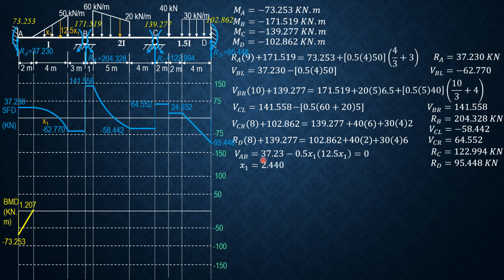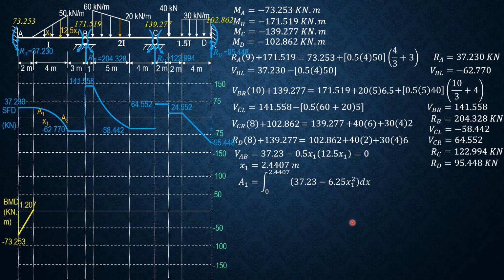Therefore, if I call this area 1 and this one area 2, area 1 would be the area under the shear curve. So it is the integral of the shear equation, 37.23 minus 6.25 x1 squared dx1, with limits from 0 to 2.4407, where 0 begins here at the zero load.